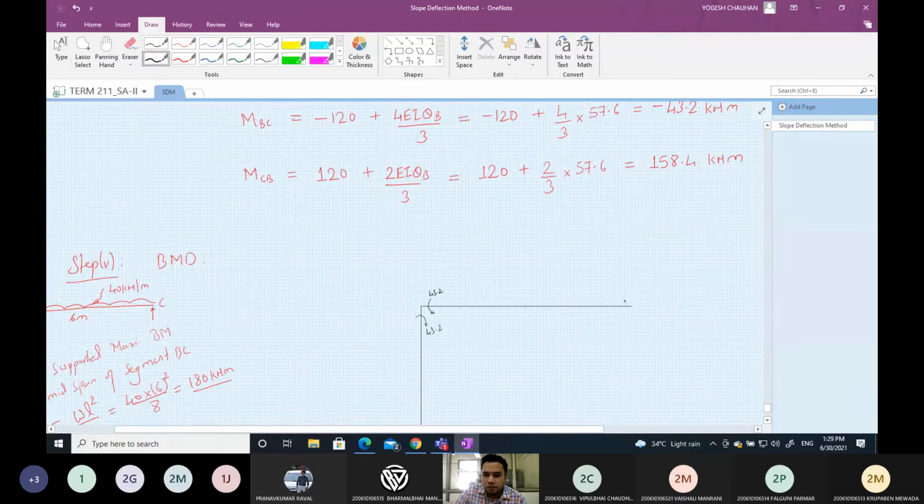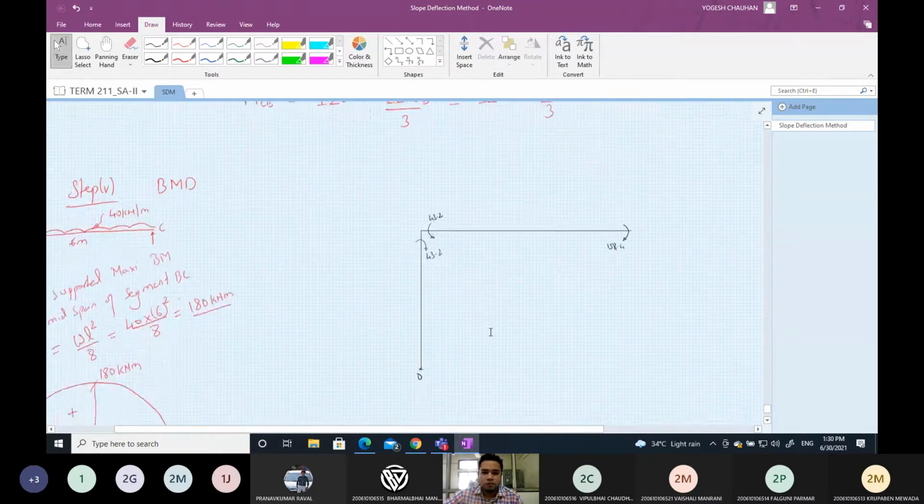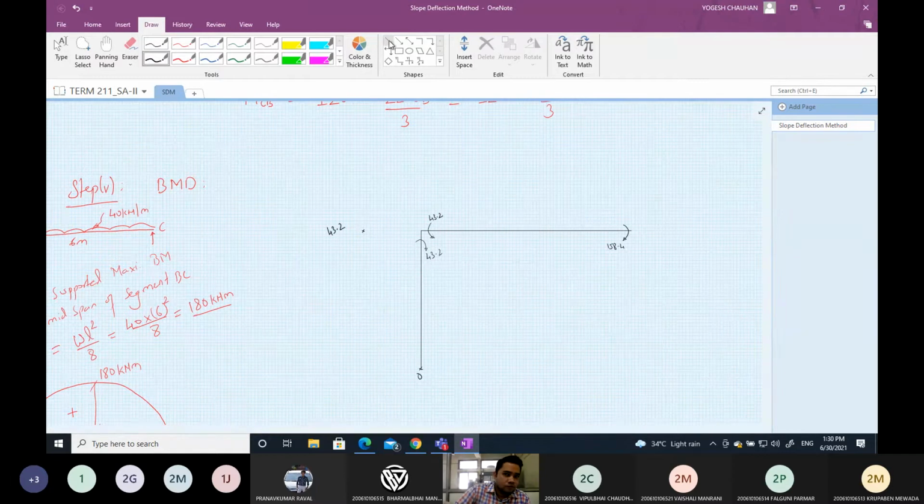And here it is clockwise 158.4. Okay, so just note down these values, this will help you to draw the bending moment diagram. Now this is clockwise 43.2, so this will be somewhere here, 43.2, because this will tend to move the member AB outside, and this will be a hogging moment.